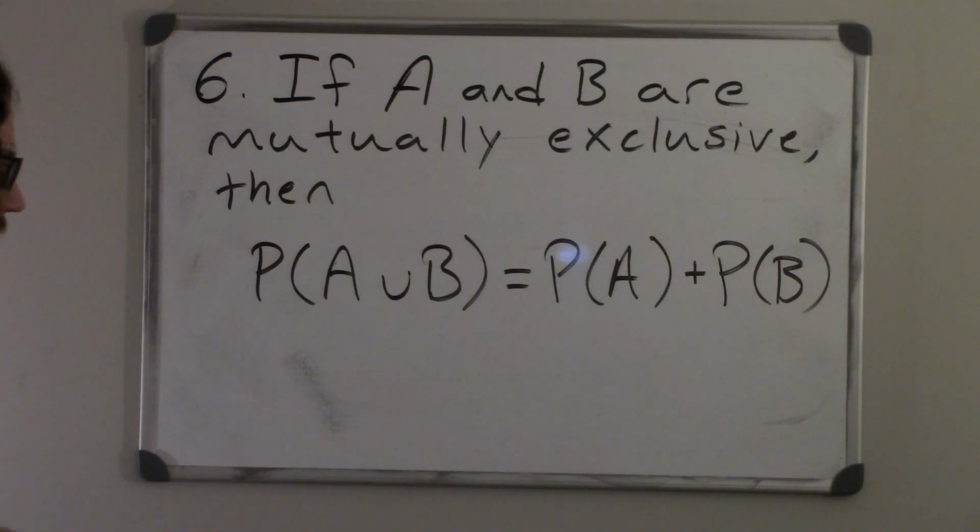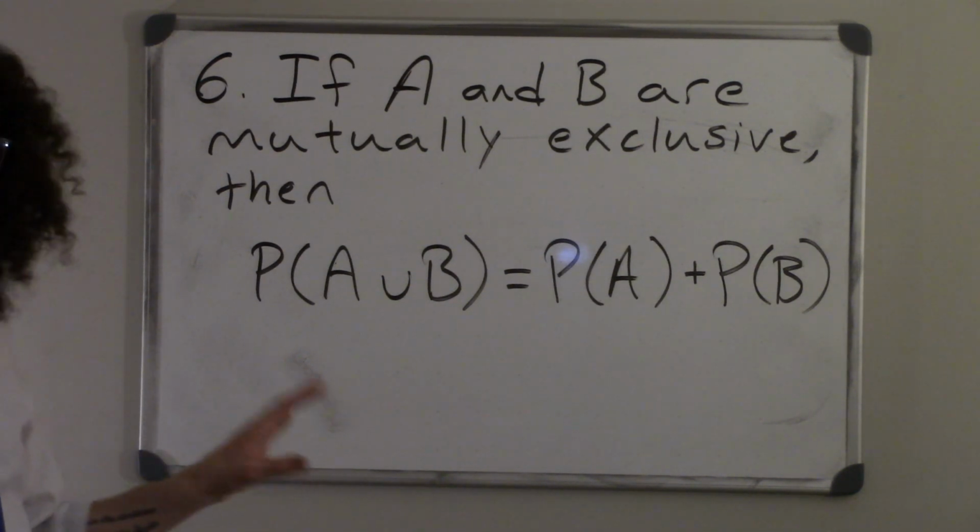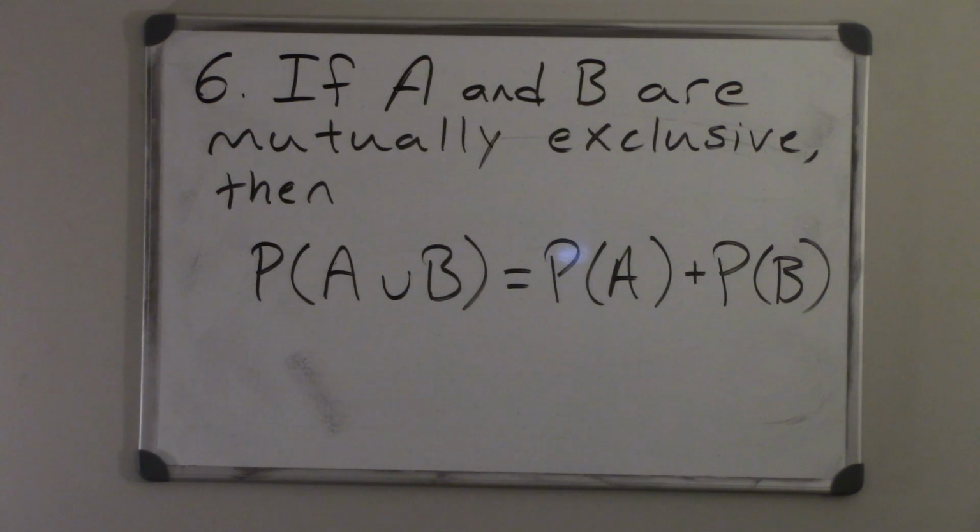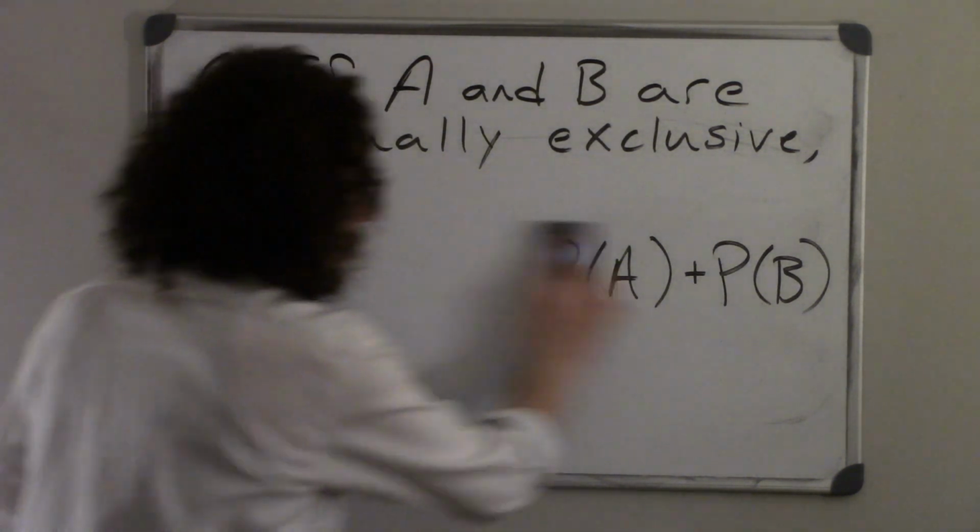If they're not mutually exclusive, then this is not how we would calculate the probability of a union. We'll look at that in just a moment. But that is our 6th law.